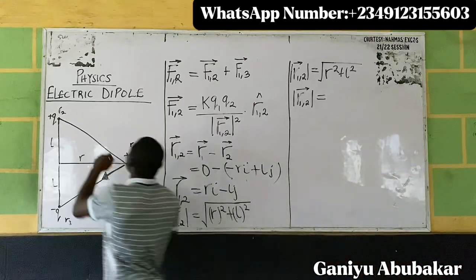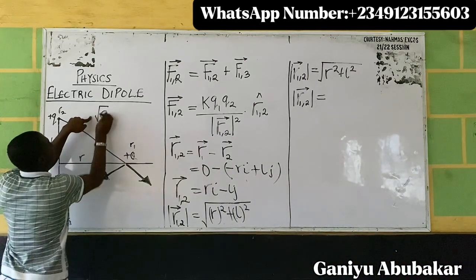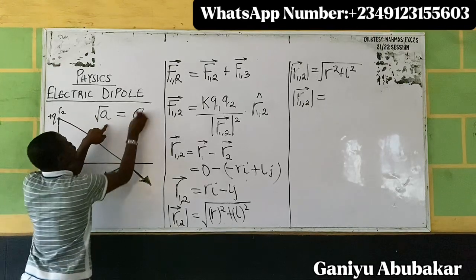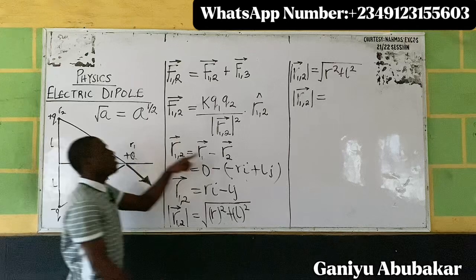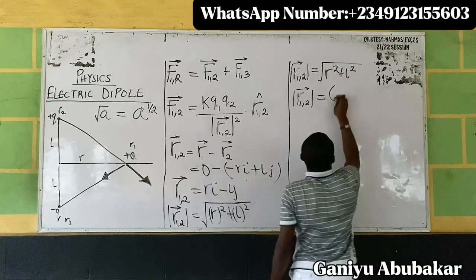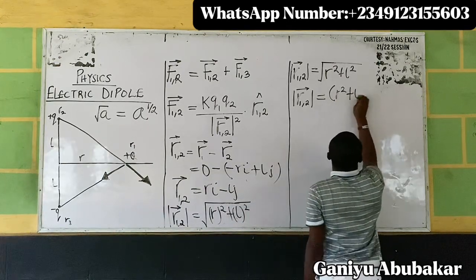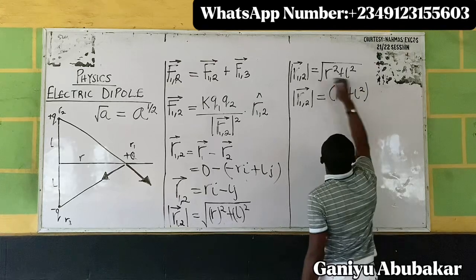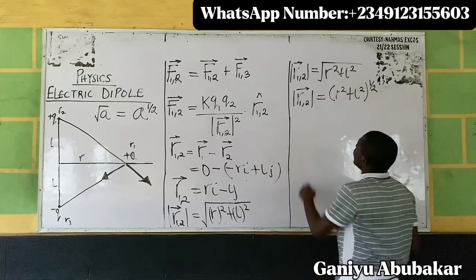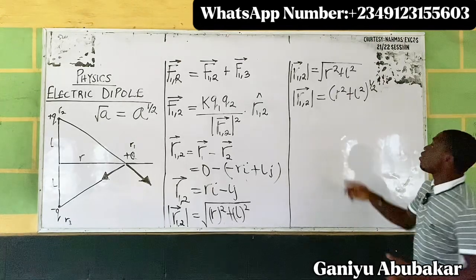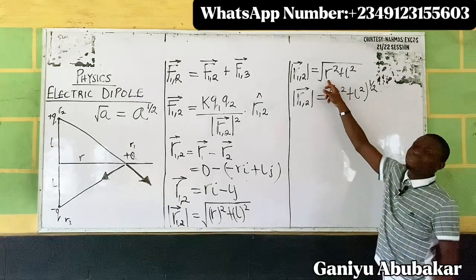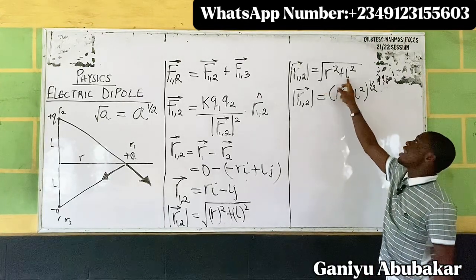If I have root a, this can be expressed as what? A to the power 1/2. So the root becomes a power of 1/2. That becomes, in a bracket, R squared plus L squared all to the power 1/2. So this is the value for R12. Let's assume that R has a value and L has a value.